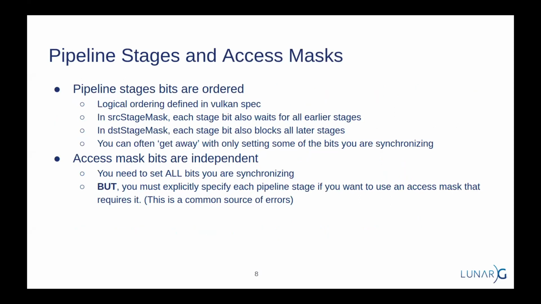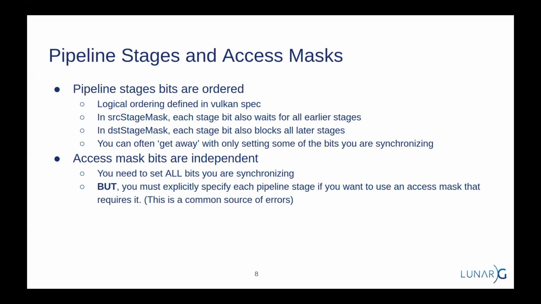Then we get to the pipeline stage and access masks and how they work. Pipeline stages are ordered, and there's a logical ordering defined in the Vulkan spec. It's pretty complicated. What you need to know is that in the source stage mask, if you set a bit like a fragment shader, that implies all of the previous pipeline stages.